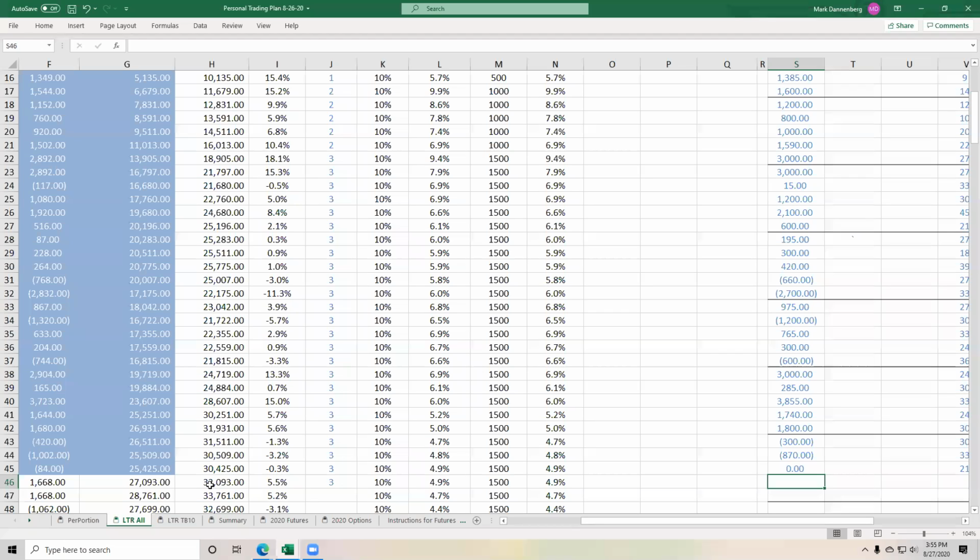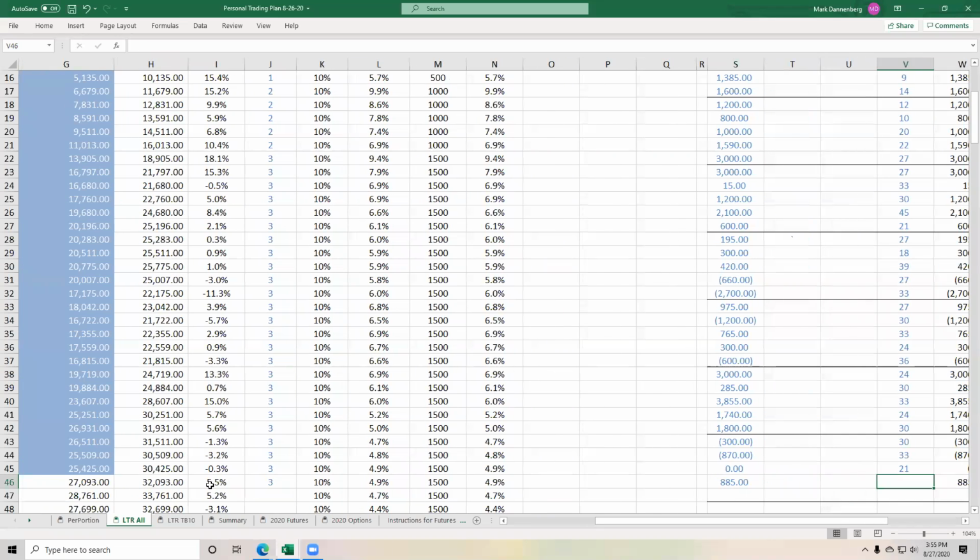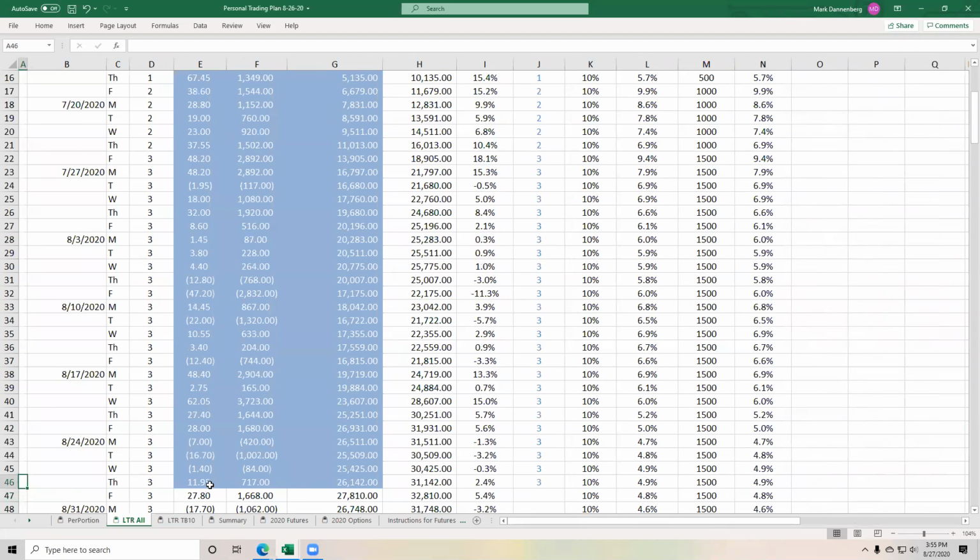So times 3, so $885 today, and we did 14 trades. So we have 42 contracts, 3 contracts per trade. And so we netted $717 today.